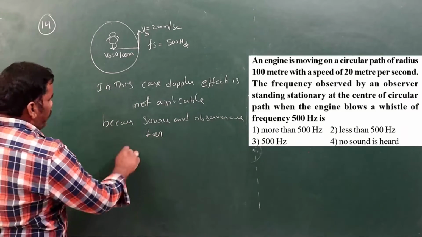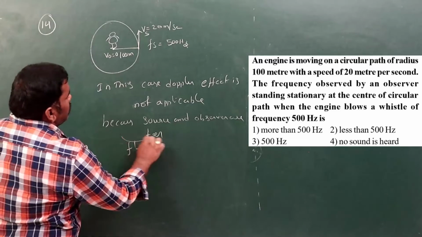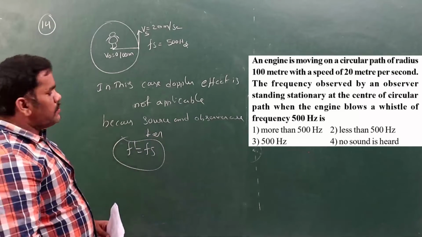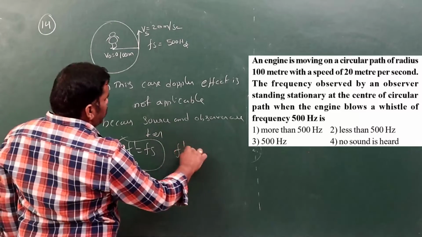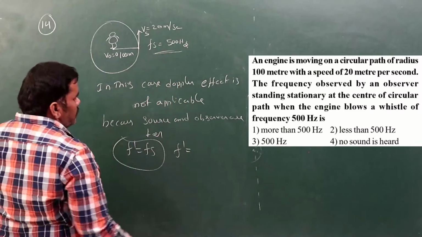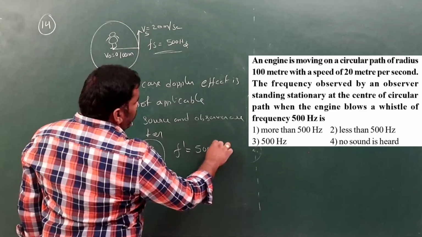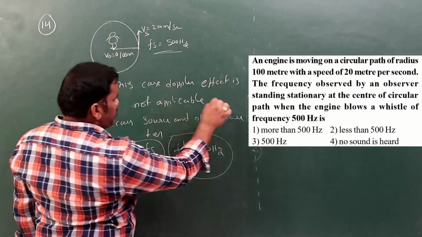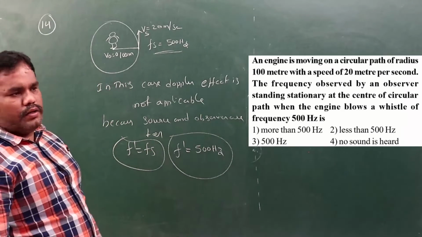So that's why the apparent frequency is equal to the frequency produced by the source. The frequency produced by the source is 500 Hz. That is the answer.